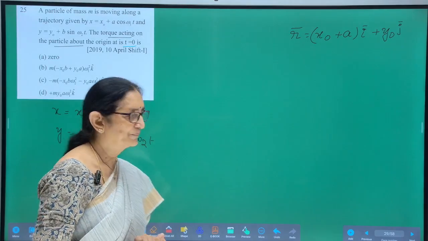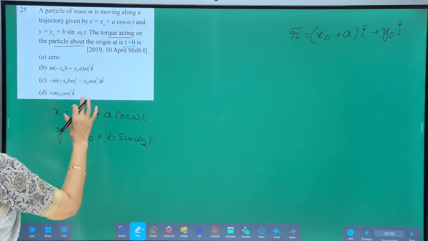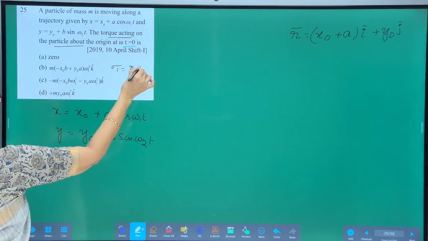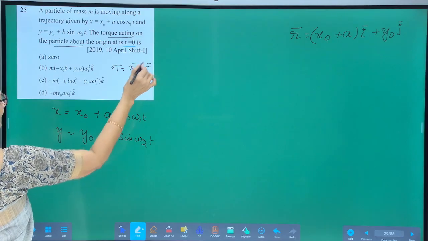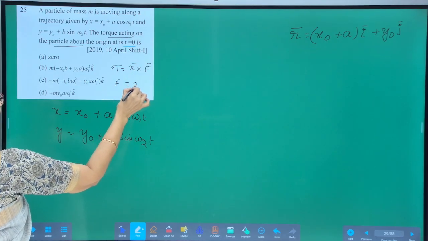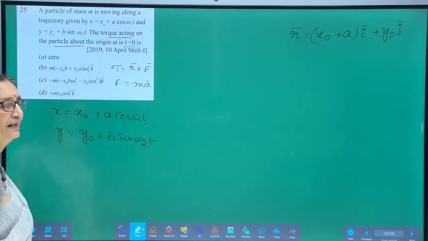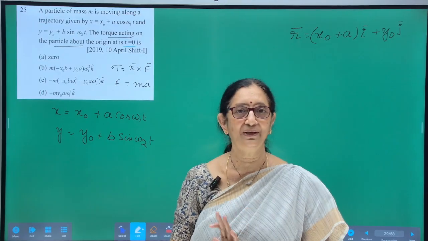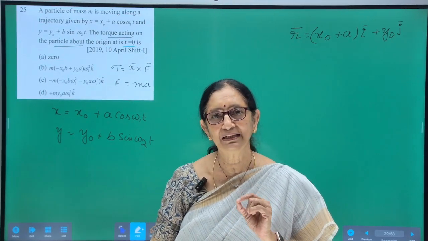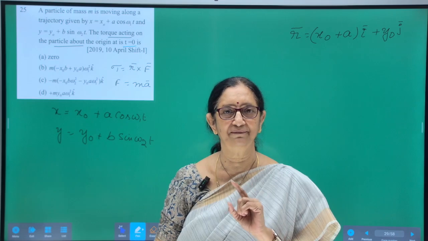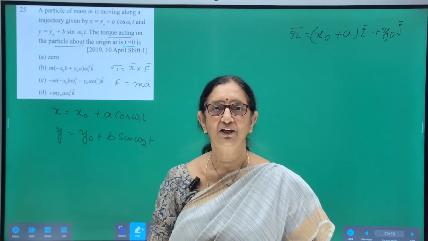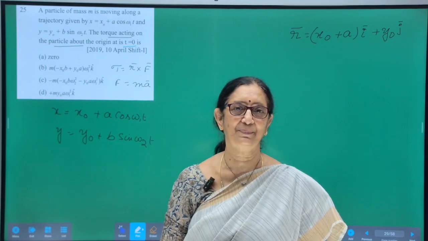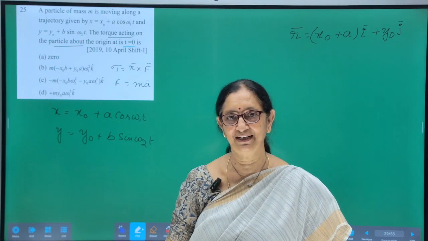Am I clear? Now, you want to find out torque. Torque is equal to r bar cross f bar, and F is equal to m a bar. If position vector is given, how to find out acceleration? By differentiating position vector with respect to time once, you get velocity. Again, by differentiating velocity with respect to time, you get acceleration.